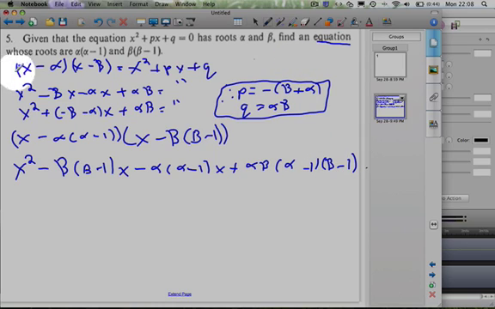Okay, I'm running out of room, I'll just try to make my screen a bit bigger here.